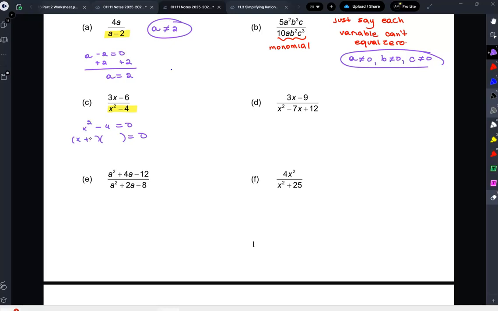So I say x plus 2, x minus 2. Okay? So what do I get from here? x equals what? -2. And from here? x equals 2. So the excluded values are x can't equal -2, x can't equal +2.